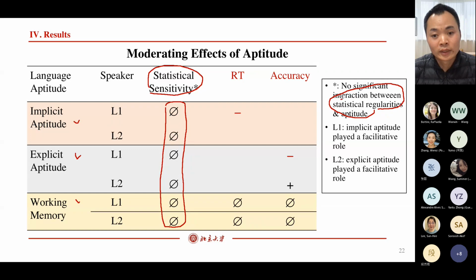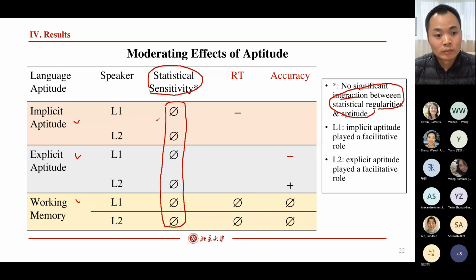I didn't find any interaction between phrase frequency, contingency, and the 3 language aptitude components. So that's why I concluded that statistical sensitivity was not moderated by any of those language aptitudes.